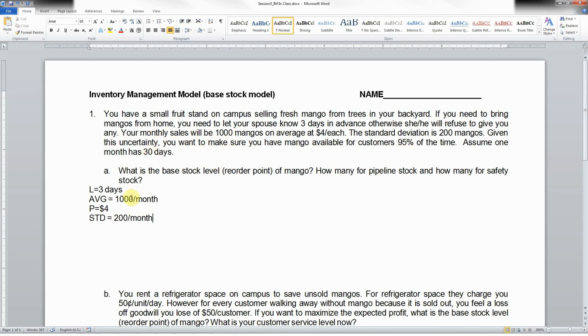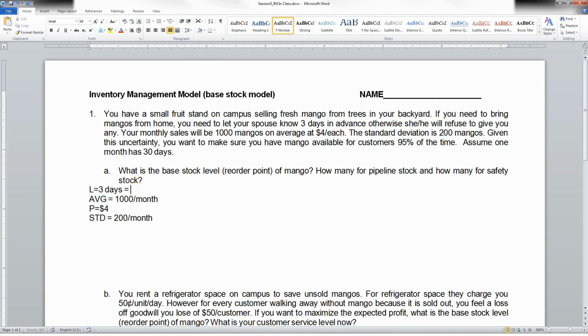So, of course, the first thing to do to solve this problem is make sure everything is in the same units. You see, this is in days, and these are in months. So either convert these into days or convert that into months. Typically, it's easiest to convert things into the units for the demand. That's my advice.